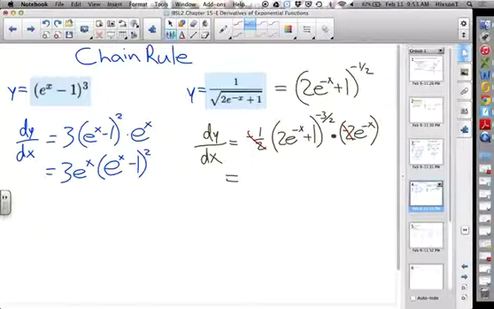These all have negative exponents, so it's 1 over 2 over e to the x, plus 1 to the 3/2, and this is e to the x in the denominator as well. You don't need to try to simplify that so it's not a complex fraction, because it's inside the 3/2 power.